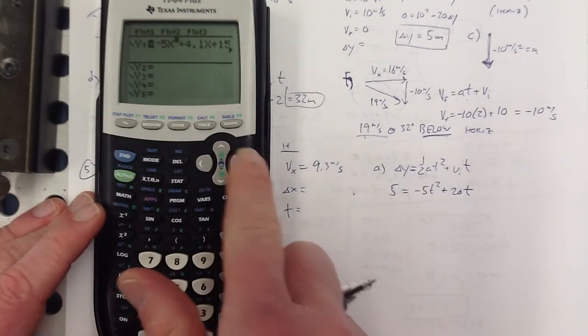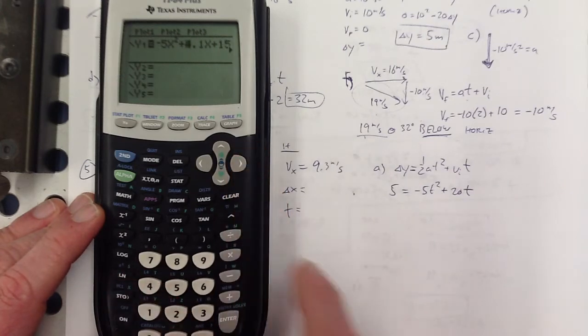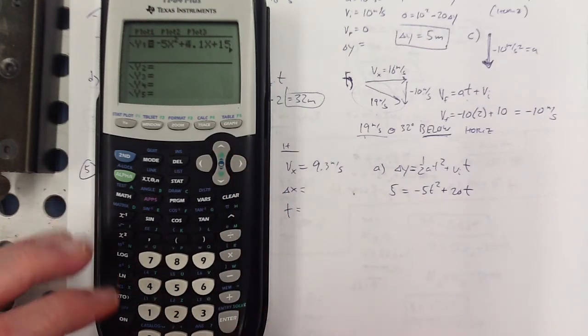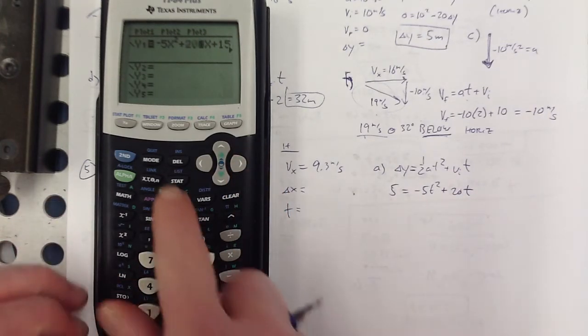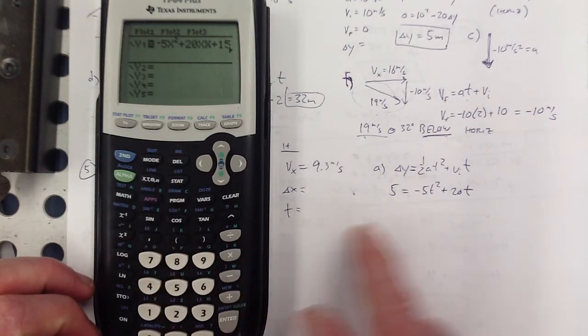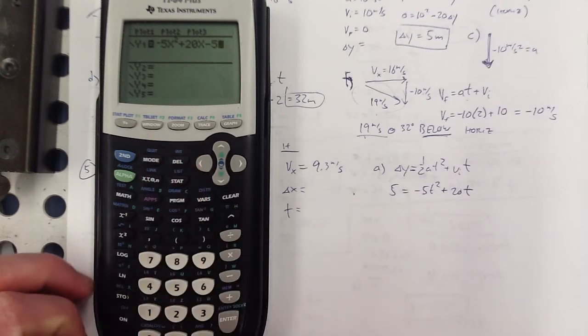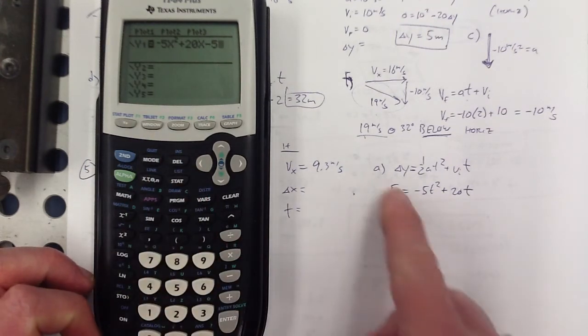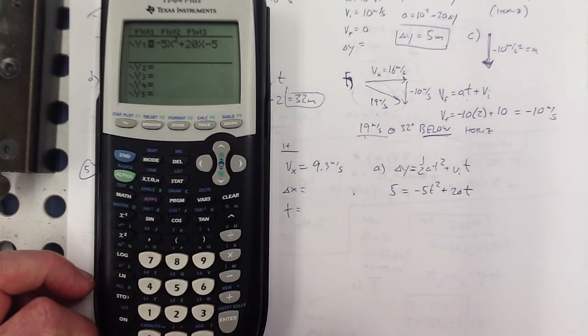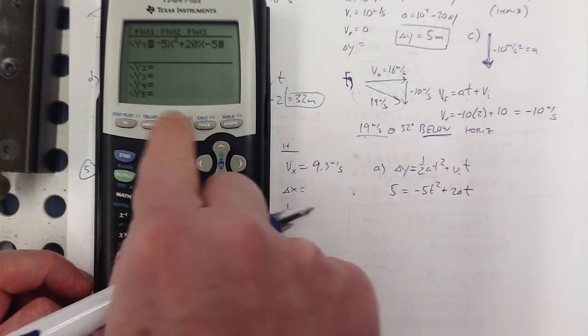So there's my negative 5x squared and then plus 20x minus 5. Delete any other garbage you got there. All right, I subtracted that 5 over there. And my window should be good.